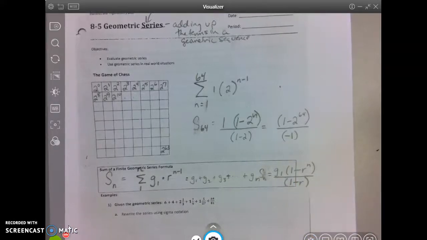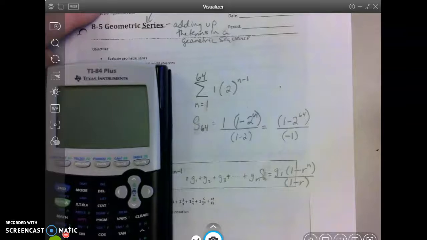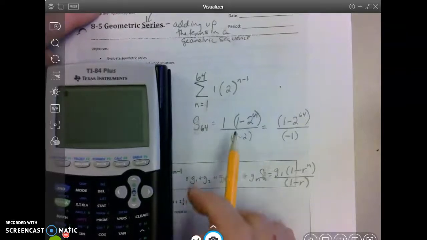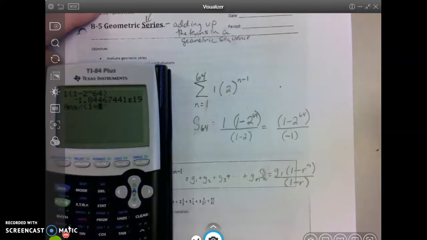I'm going to show it to you in the calculator. All right. So I'll do it the first way, 1, and then in parentheses, 1 minus 2 to the 64th. Okay, that's what's in the numerator. I hit enter, and then I divide by, in parentheses, 1 minus 2.